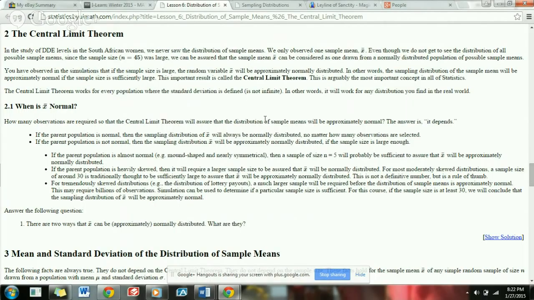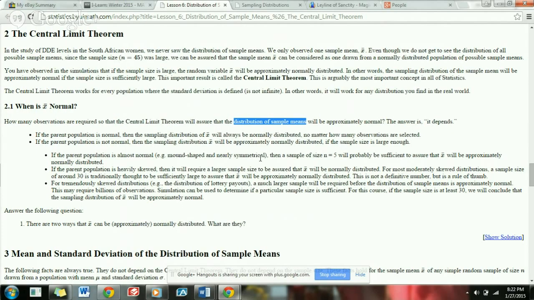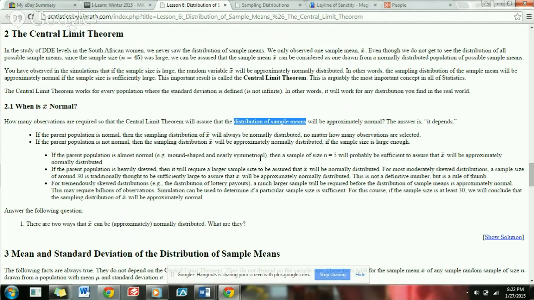X bar is the distribution of sample means. How many observations are required so that the answer is it depends, huh? Yeah, I'm sure that the distribution of sample means.